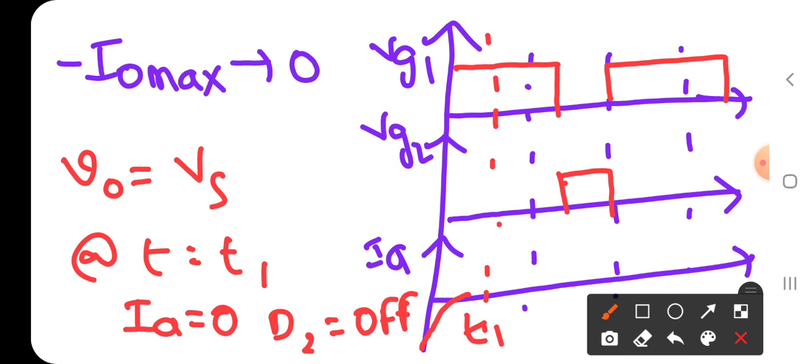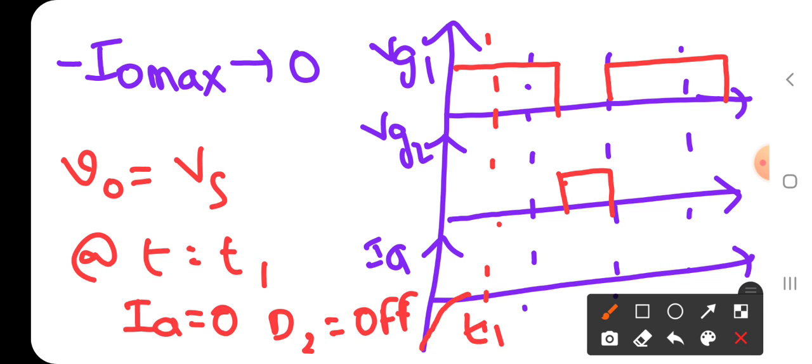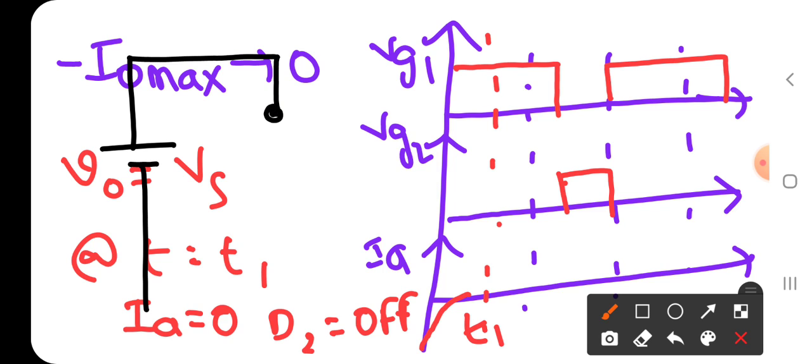Now you draw the circuit. Chopper 1 is turned on, and the inductor and remaining switches are off, so I am not drawing those.